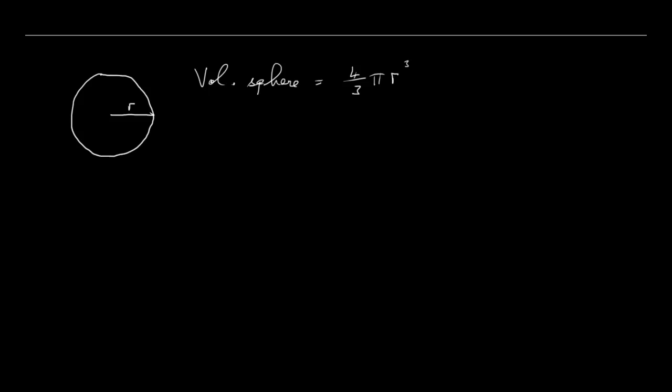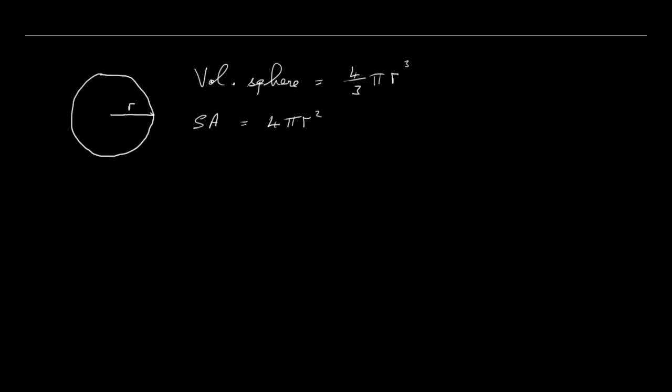Now the surface area here, which is all curved, there are no flat areas, is going to be our curved surface area, if you like. Our curved surface area of our sphere is given by the formula 4 pi r squared. It's like 4 circles, if you like.